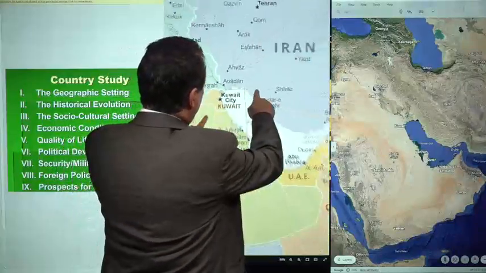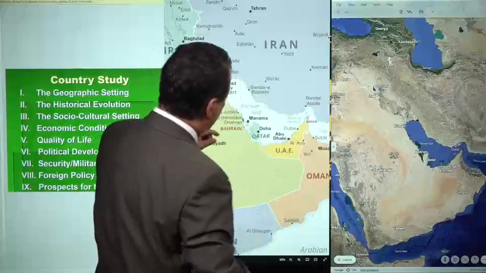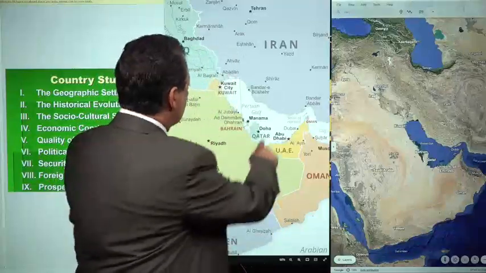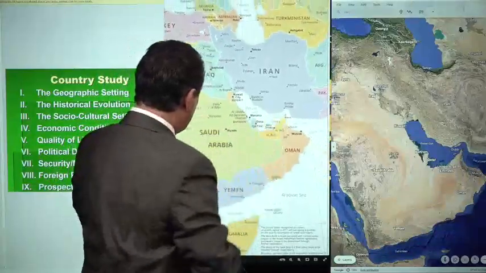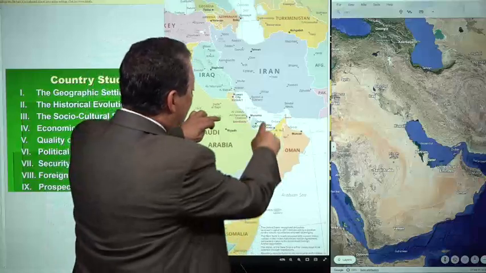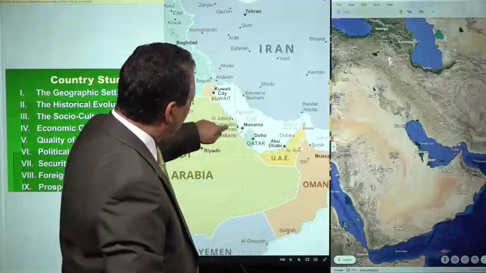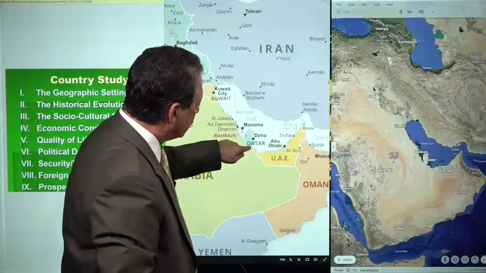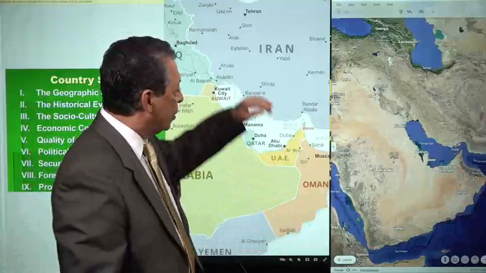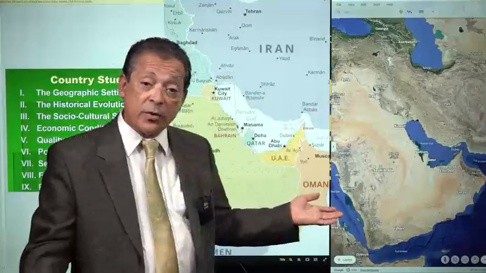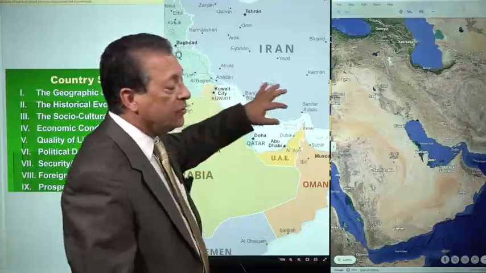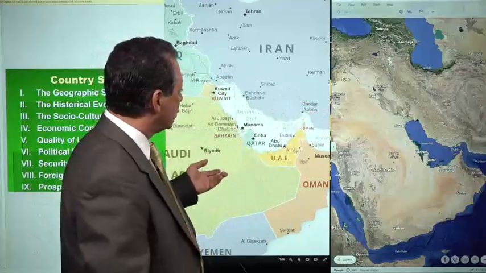So then we go back. Here we go. We look at the other great power right here. Notice Saudi Arabia actually has coastline in the Red Sea as well. But as far as the Persian Gulf is concerned, look at this. All the way from Kuwait down to Qatar and UAE, that's the coastline of Saudi Arabia. So the largest coastline, that could be a question. Which country in the Persian Gulf has the largest coast?